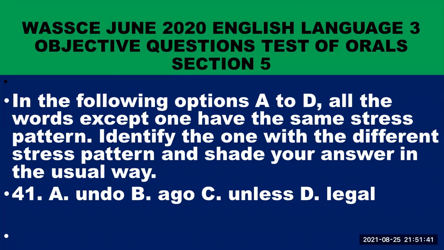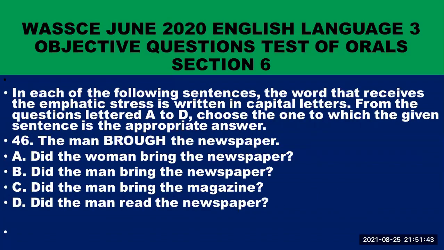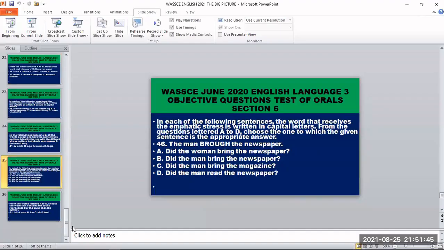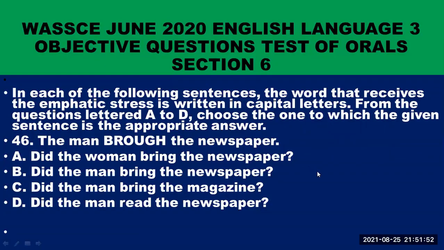So this brings us to section 6, which is on emphatic stress. Sorry, let me highlight this right away. Now, in each of the following sentences, the word that receives the emphatic stress is written in capital letters. From the questions lettered A to D, choose the one to which the given sentence is the appropriate answer.